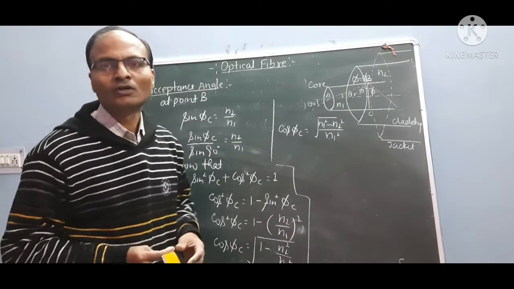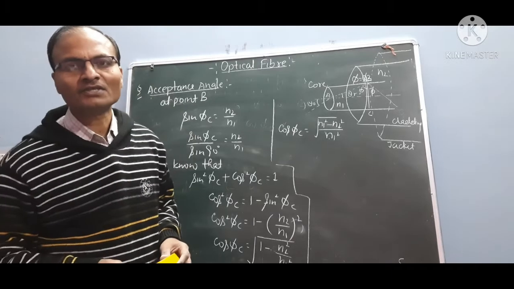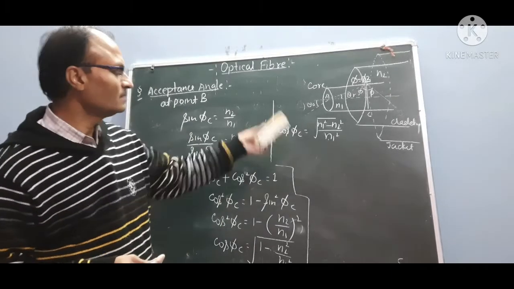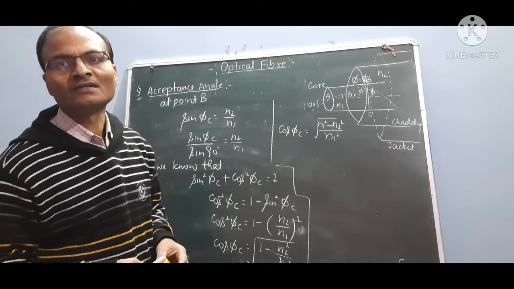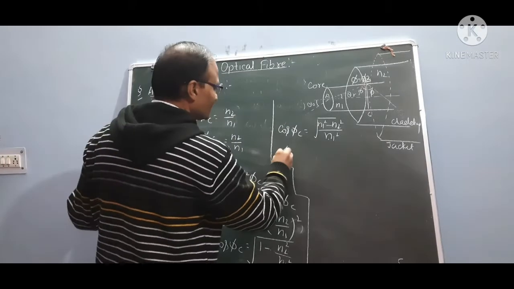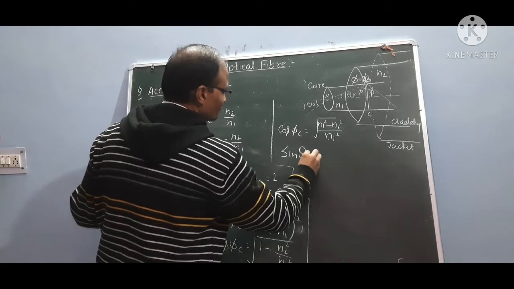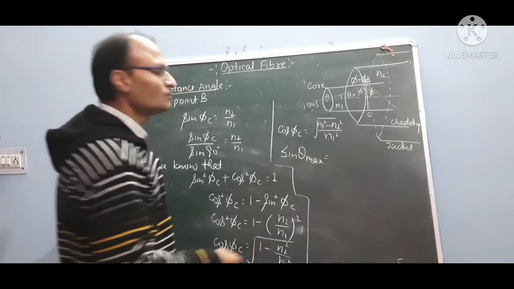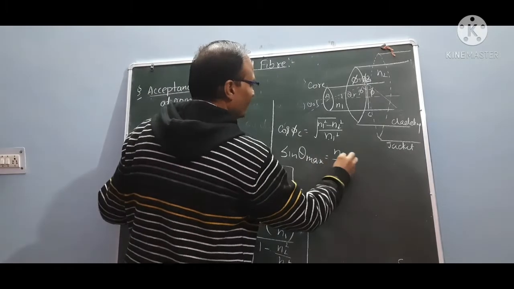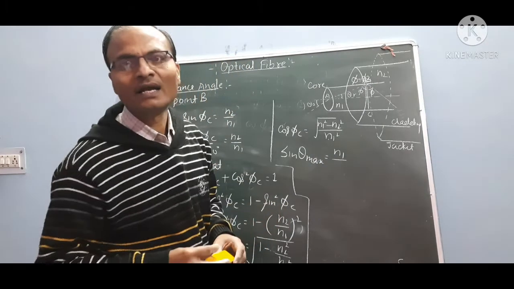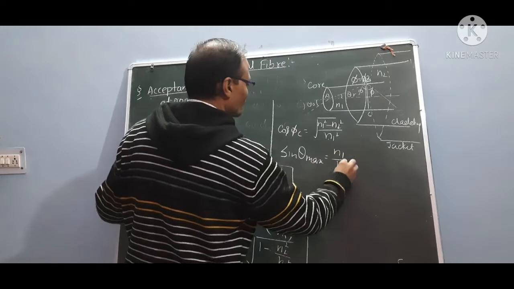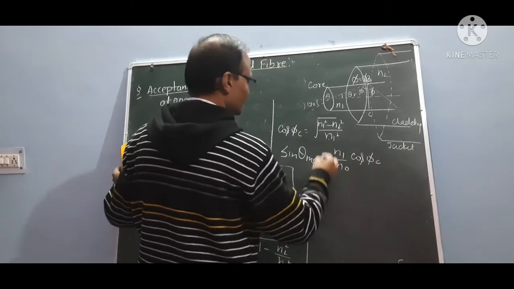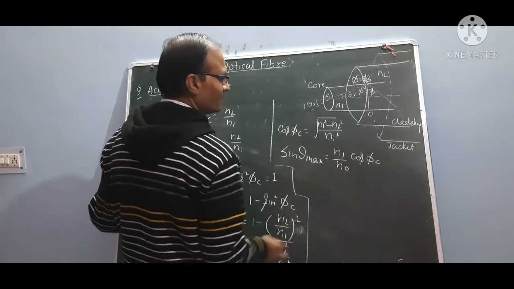So this value is put in the above equation. What is the value of cos phi C? Cos phi C is put in equation number 3. So sin theta maximum equals N1 upon N0 into cos phi C. The value of cos phi C is put in this equation.